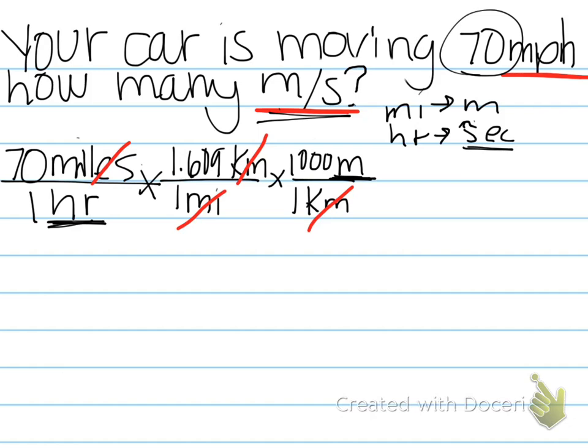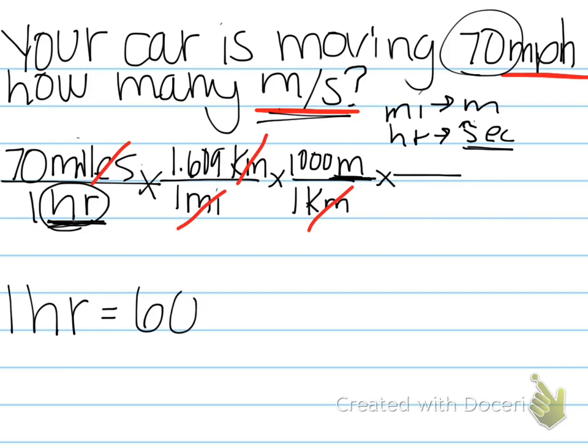There's a few ways you can do this. We're going to do one that you're pretty familiar with here. We know that we can go from hours to minutes and minutes to seconds. So for hours to cancel, hours is on the bottom here, which means that hours needs to be on the top. We all know this equivalent statement.